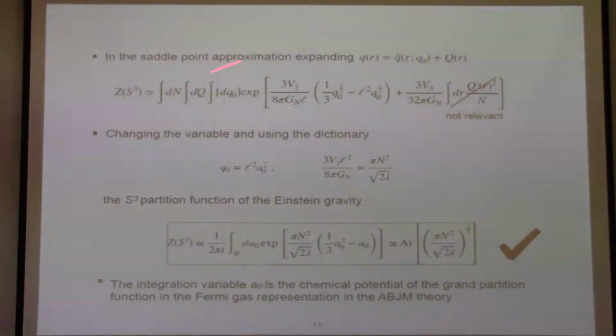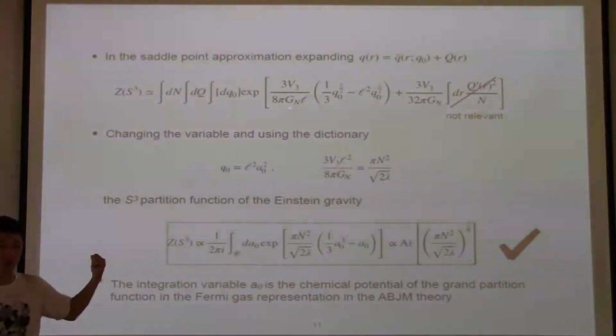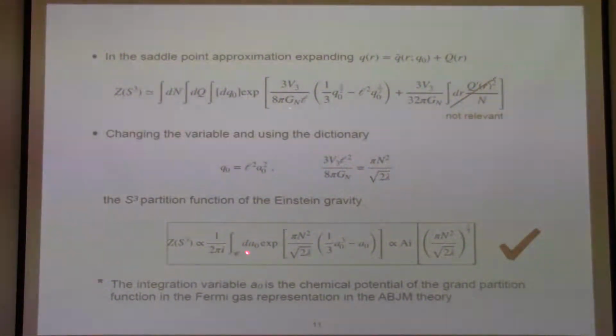Now, having this, we make the change of variables like this, and we identify Newton's constant with the gauge theory parameters. This is the final answer we get, because it's already in the form of an Airy integral. I put parentheses here because we are unclear about the choice of measure, but we claim that this is the choice. With this parameterization, Q naught to A naught squared, this is the measure we have to take.